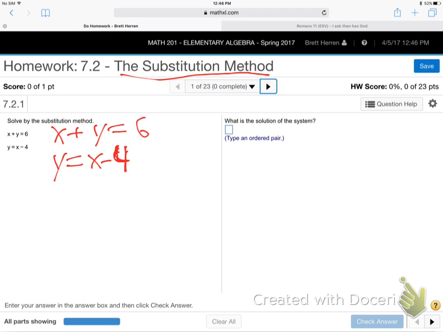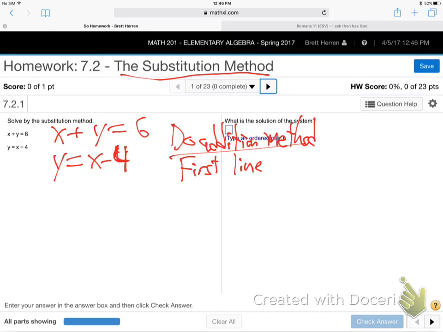So let's just do the addition method. If I'm going to do the addition method, that means first line things up.